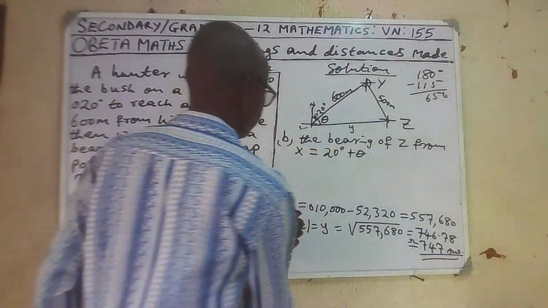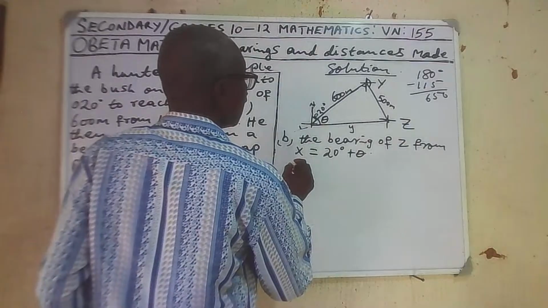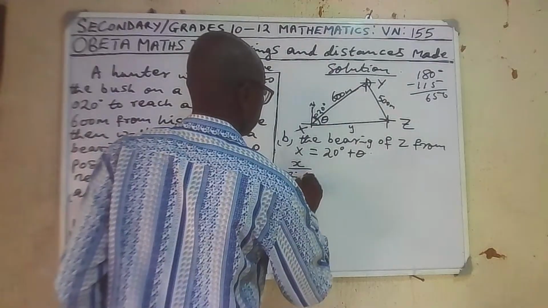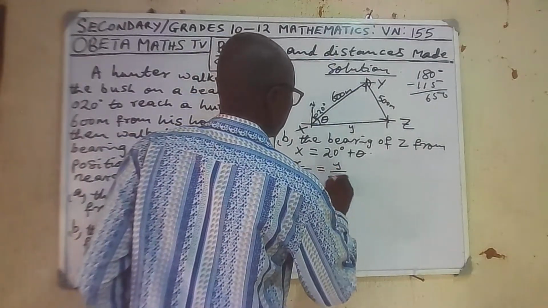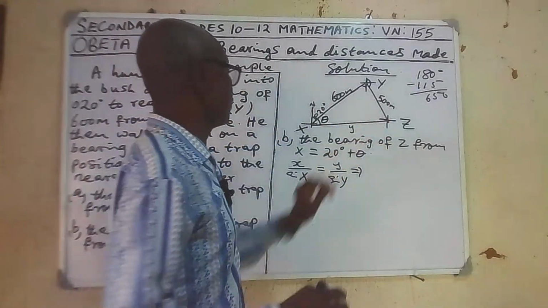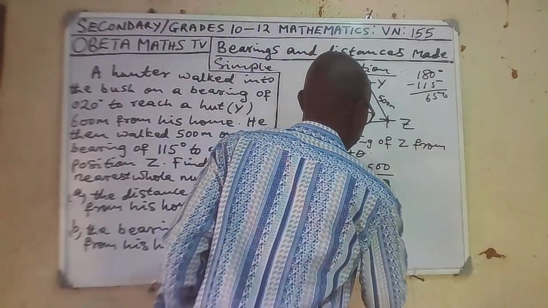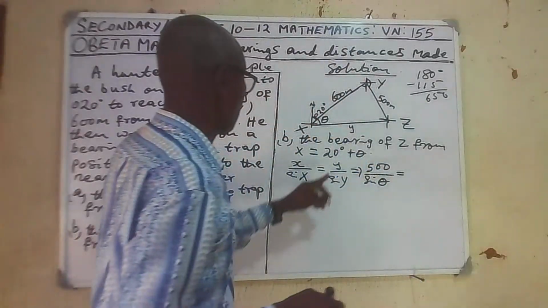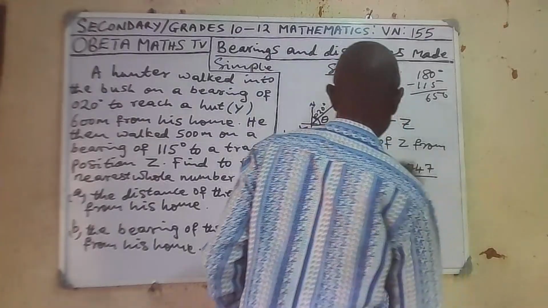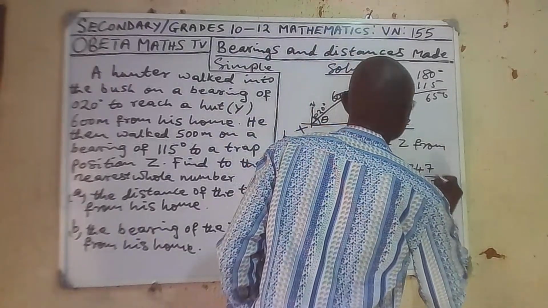So we have x over sine X is equal to y over sine Y. That will lead us to 500 over sine theta, and that is equal to our small y, which is 747, all over sine 85.